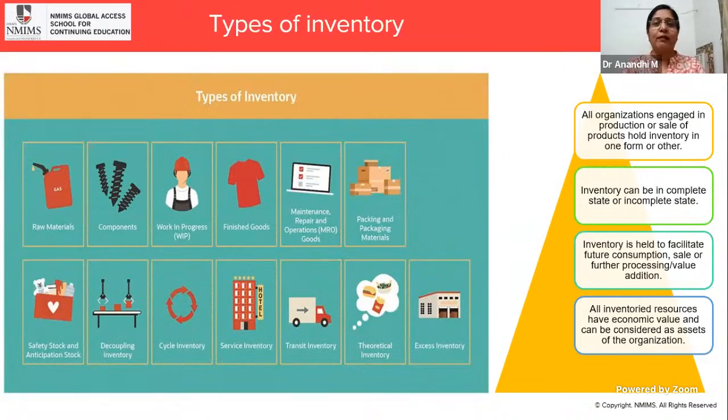If you incur any repair, that has to be maintained. If you have a lift in your facility, that has to be maintained, which is also supporting your manufacturing function. So anything during your process of production or service that you incur towards maintenance, repairing, and operations is called MRO inventory.